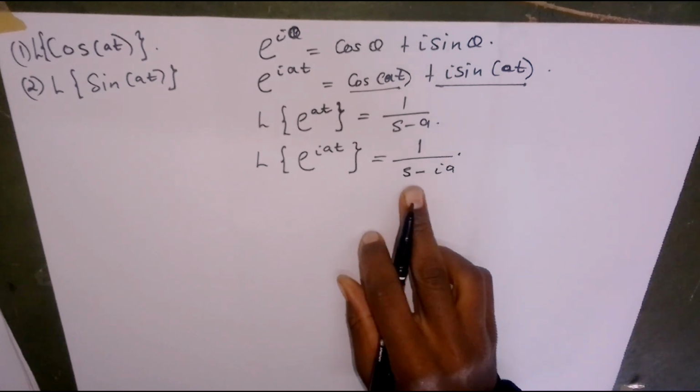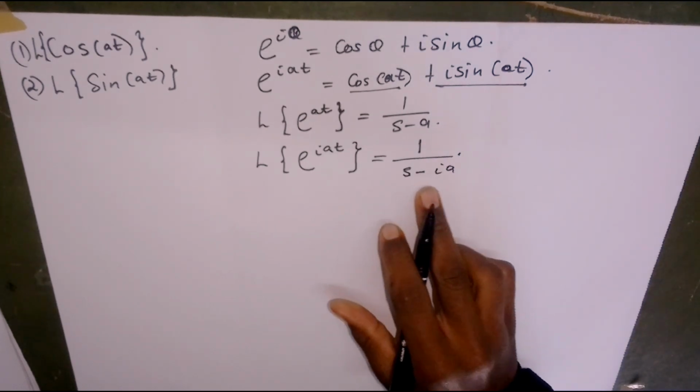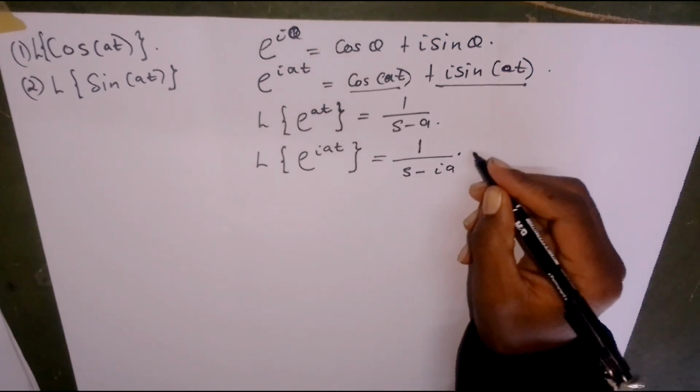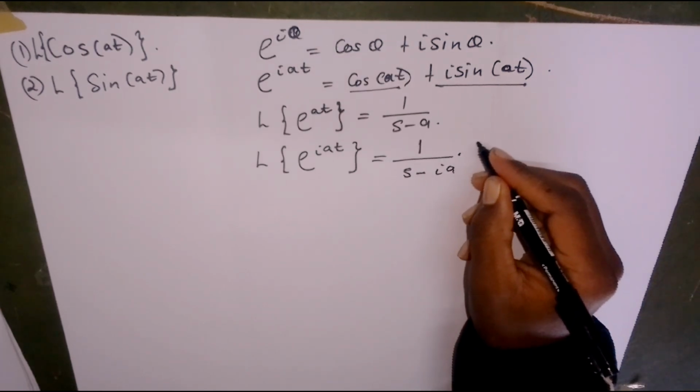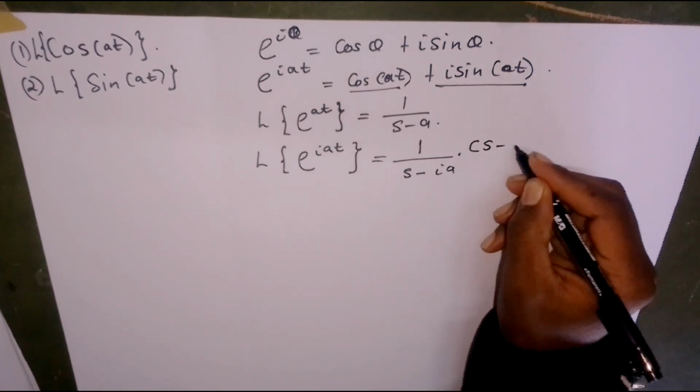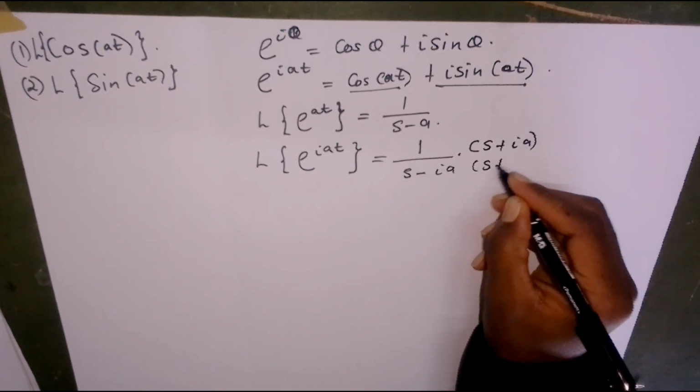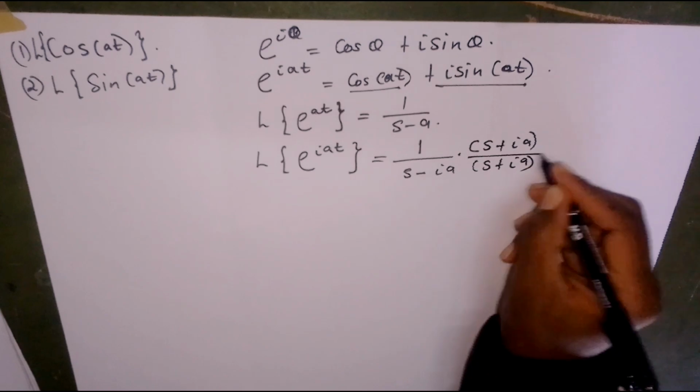And then here we know that our denominator is not allowed to be left with this complex, so we have to rationalize our denominator, thereby multiplying by s plus ia over s plus ia.